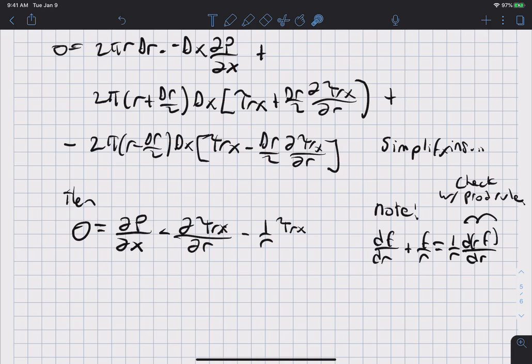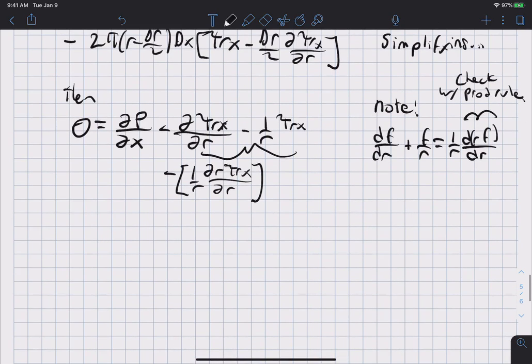So using this result, these two terms become minus 1 over r partial r tau rx partial r. Then we have partial p partial x equals 1 over r partial r tau rx partial r.